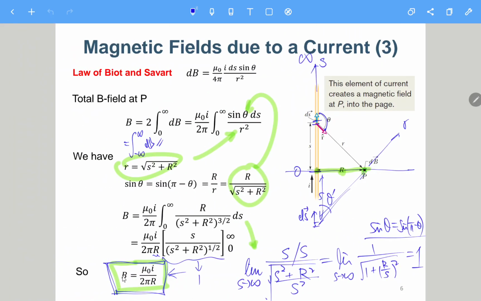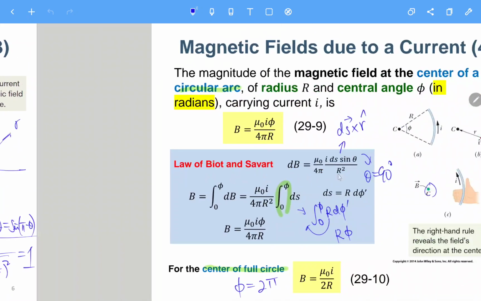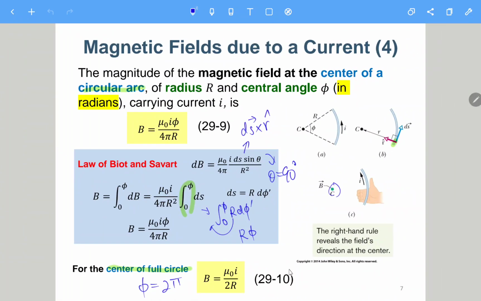B equals mu0I over 2 pi r is for the long straight wire. This one is for a circular loop, and we consider the B field at the center point, which is mu0I over 2r without the pi in the denominator.